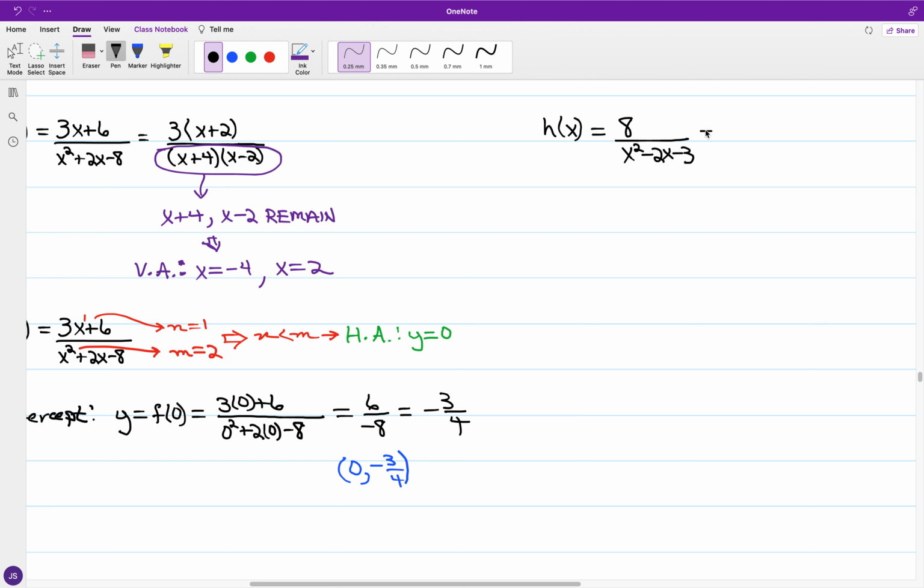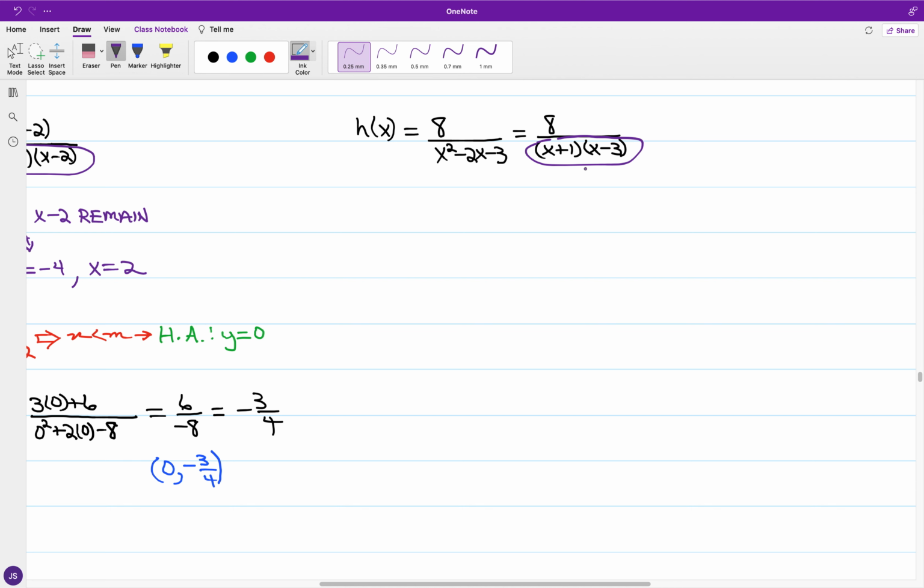Okay, now this ratio is already in simplified form, and I'm just going to go ahead and get to the factorization of the denominator. For x squared minus 2x minus 3, we'll have x plus 1 as one factor, x minus 3 as the other, and again the ratio is already in simplest form.